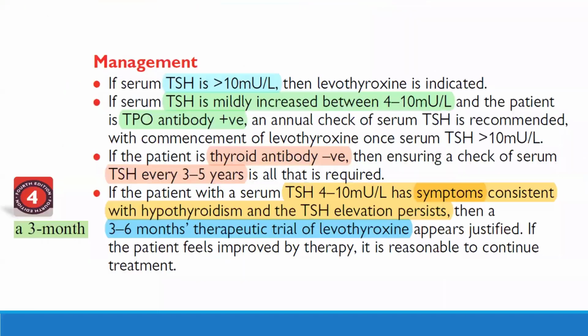So how to treat subclinical hypothyroidism? This is for exam, this is for clinical practice. If TSH is more than 10, we should give levothyroxine. If TSH is mildly elevated, between 4 to 10, with of course normal T3 and T4, and TPO is positive, we should give a trial of treatment.